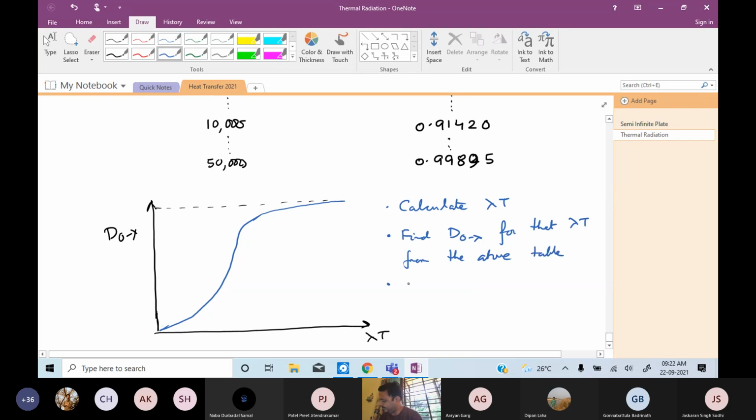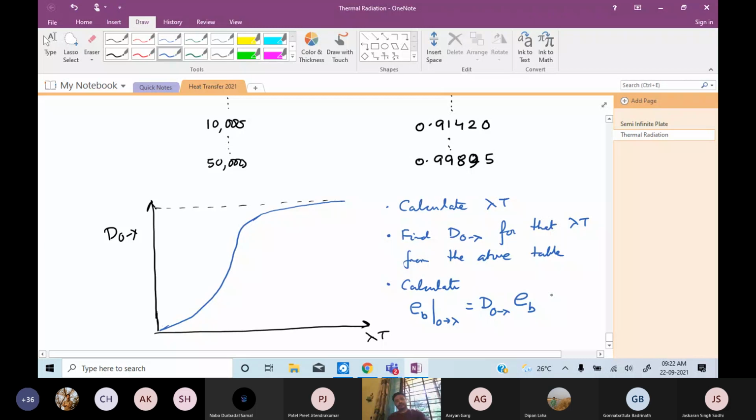And calculate E_b 0 to lambda as f 0 to lambda times E_b, where E_b is sigma T to the power 4.